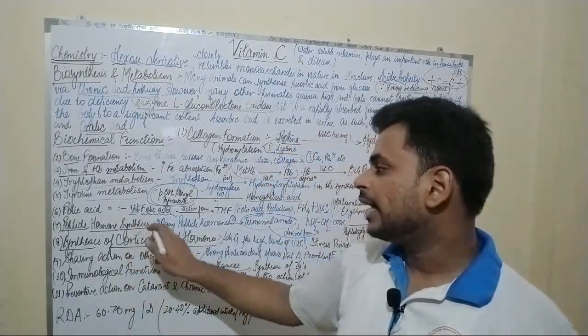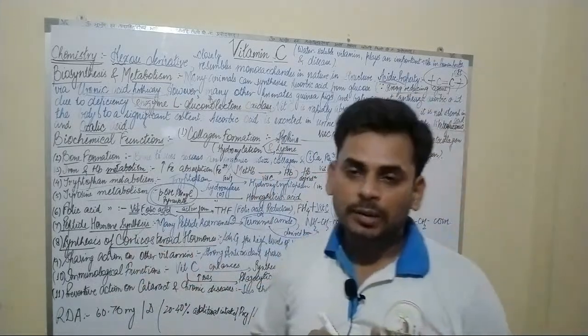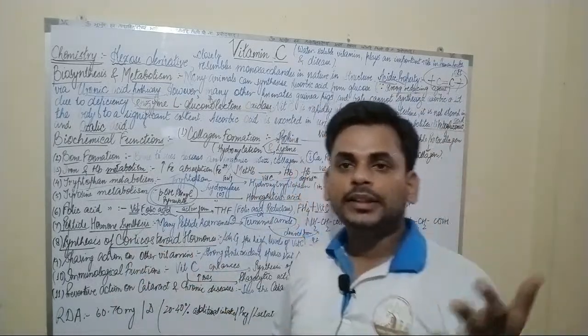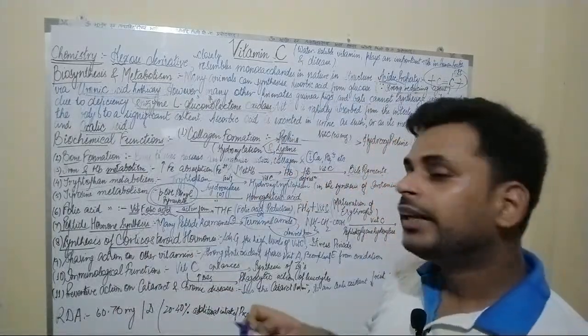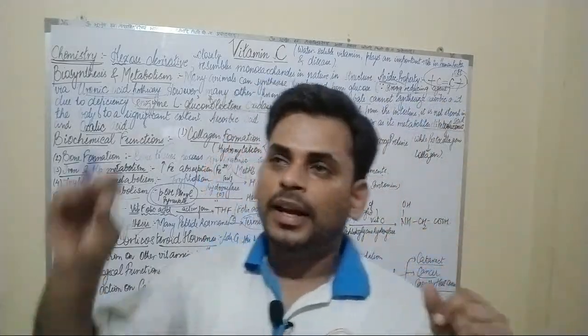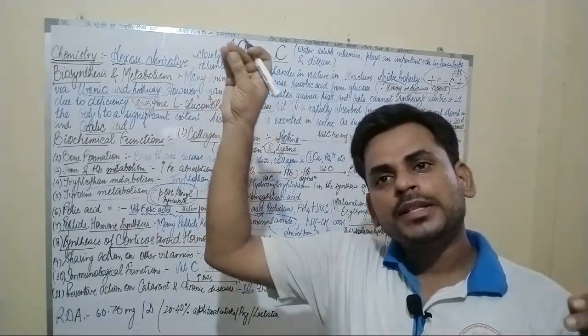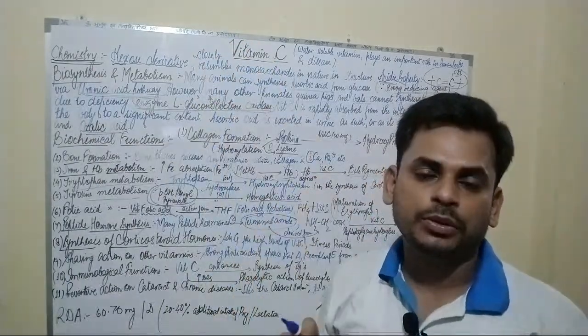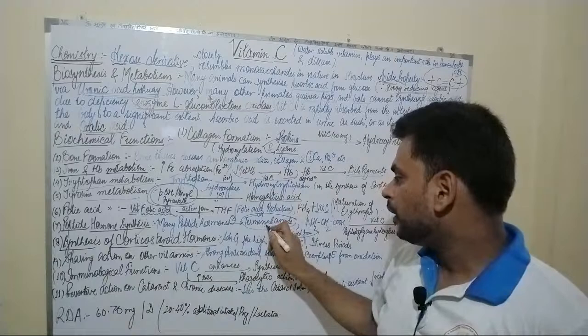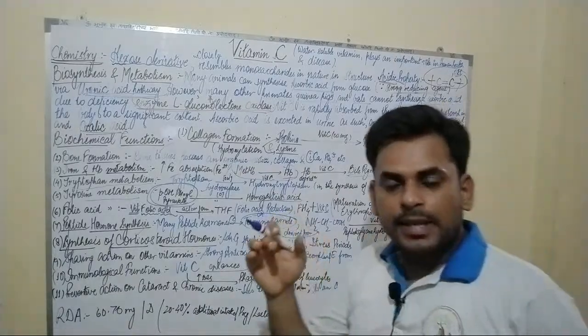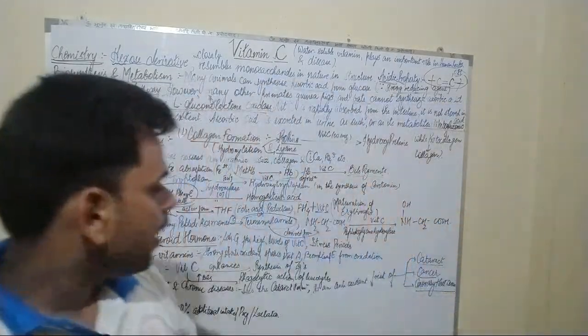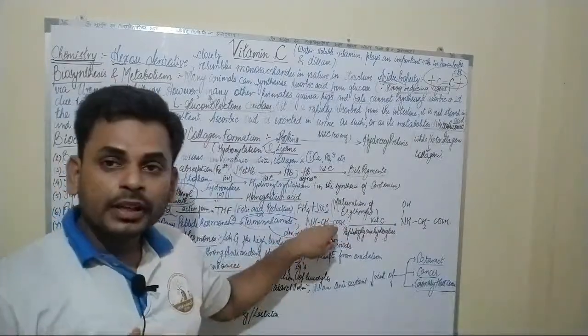Moving on to the next, that is the synthesis of peptide hormones. There are certain peptide hormones which contain a terminal hydroxyl group, that is, at the end of the peptide hormone there has to be the presence of a terminal hydroxyl OH group. This terminal hydroxyl amide is basically derived from the hydroxylation of glycine.